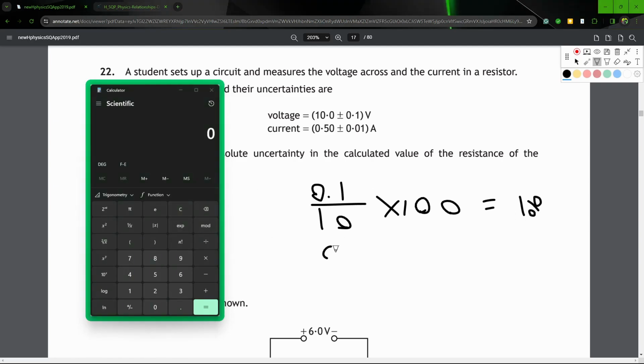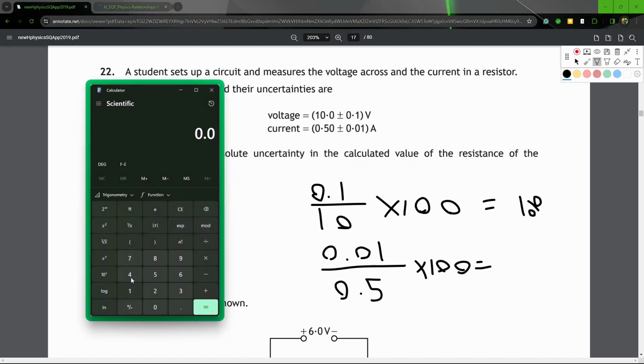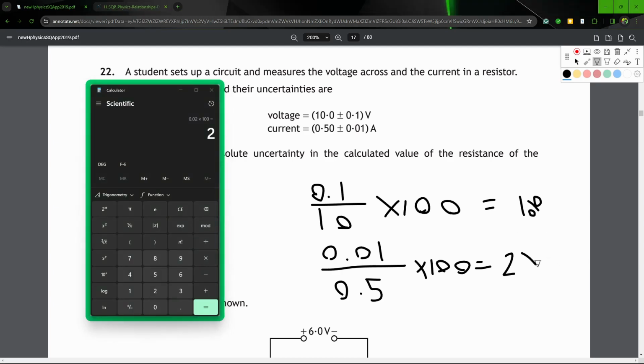And then we'll do the same thing for current. What does that get us? Well, that gets us 2%. So we're going to pick the 2% one.